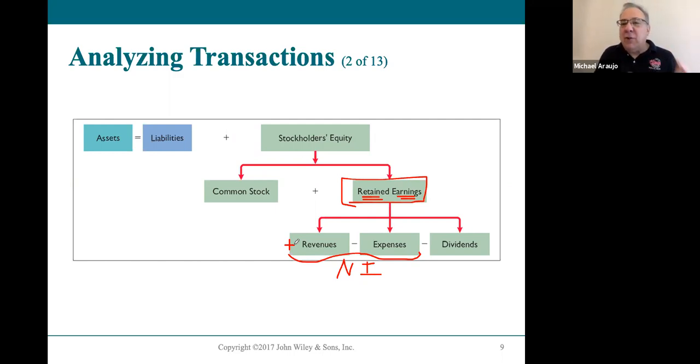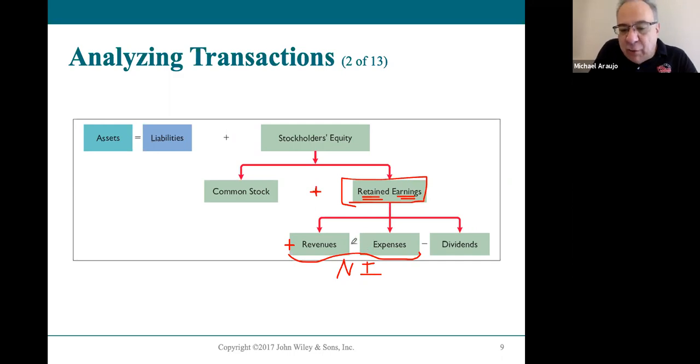So revenue is the source of the profits for corporations, for all businesses. The more revenue the company makes, the more retained earnings or profits it's likely to have. Revenue has the same impact of increasing retained earnings.